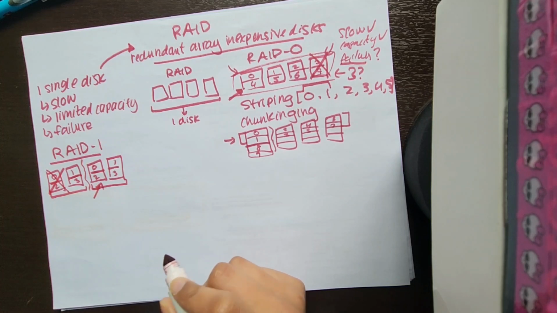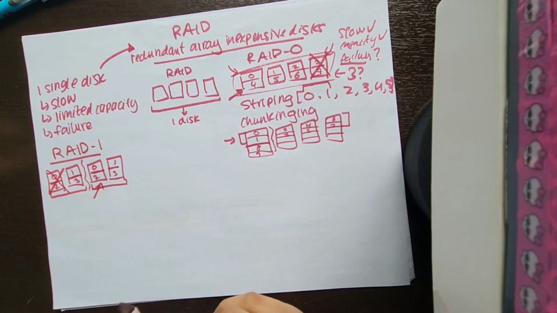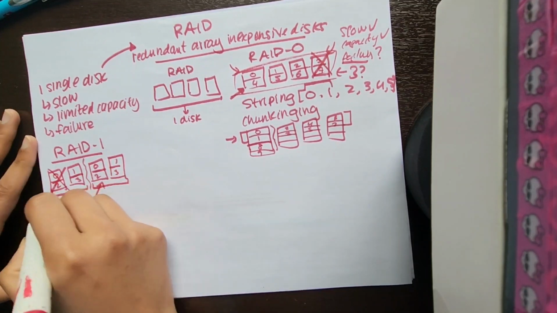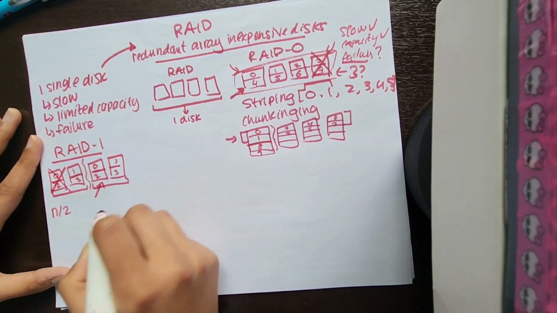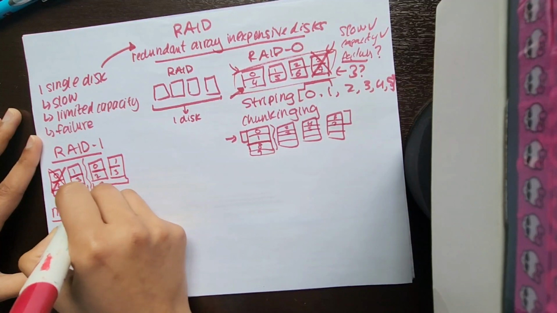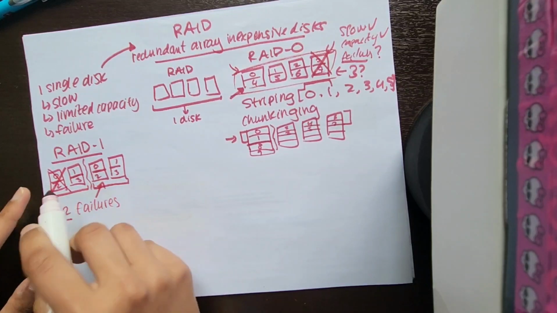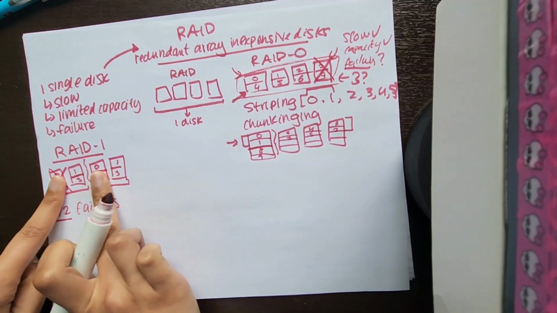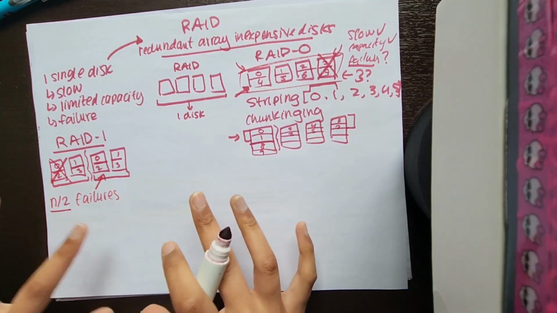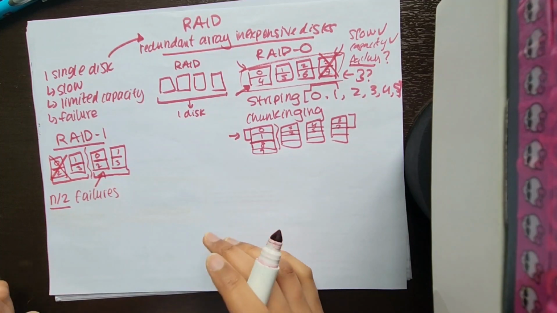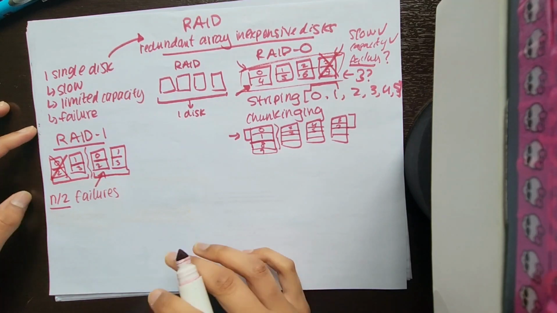So that's really the whole intention behind this, and it does help solve our failure problem, because we can hold up to n divided by 2 failures, assuming n is the number of disks, and assuming the 2 failures are not the two copies, in which case that kind of defeats the purpose. But a maximum of n divided by 2 failures, and a minimum of 1.